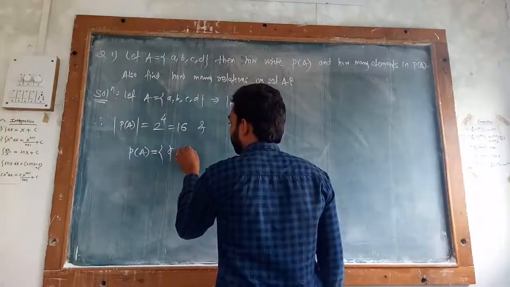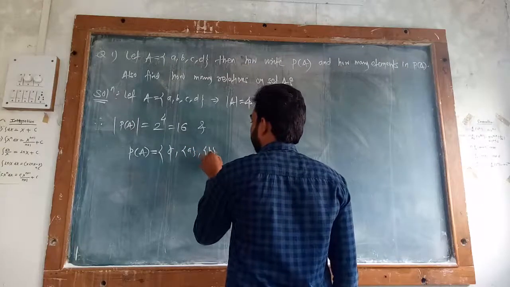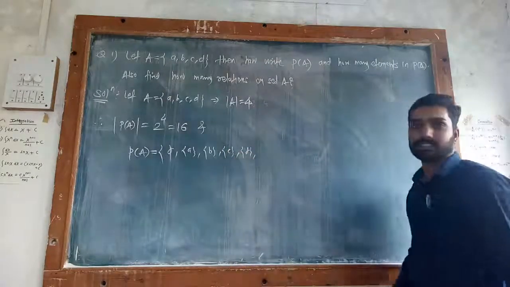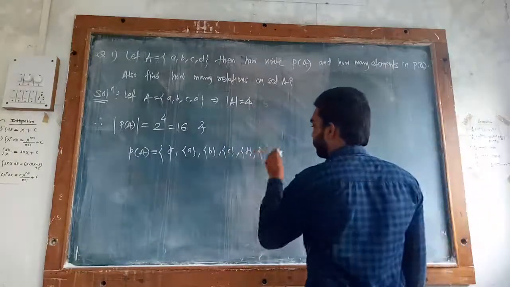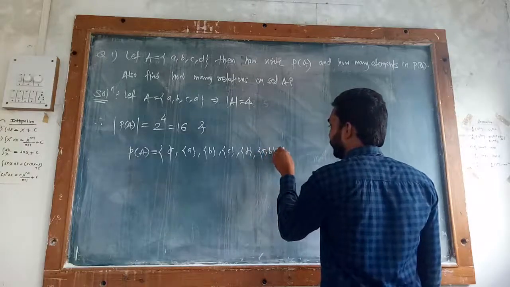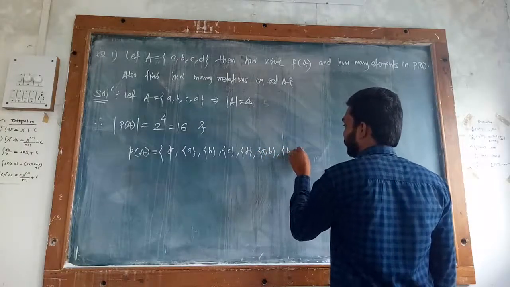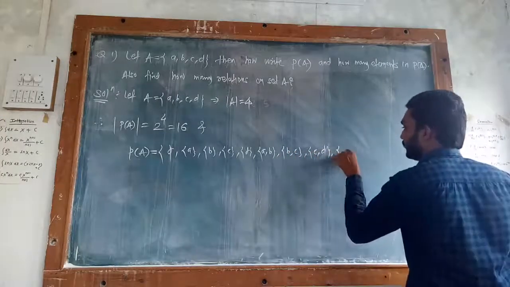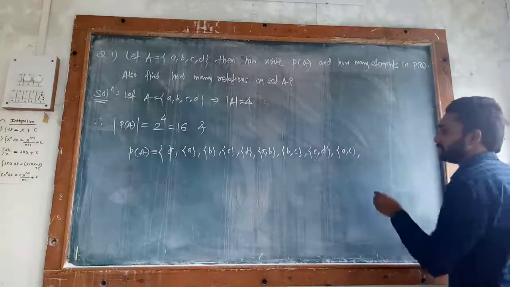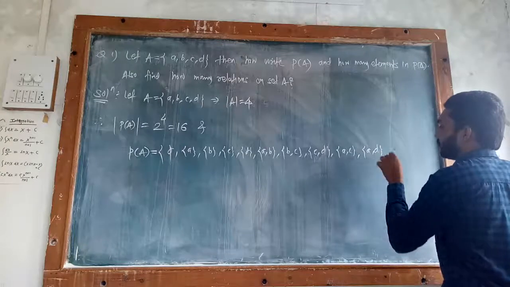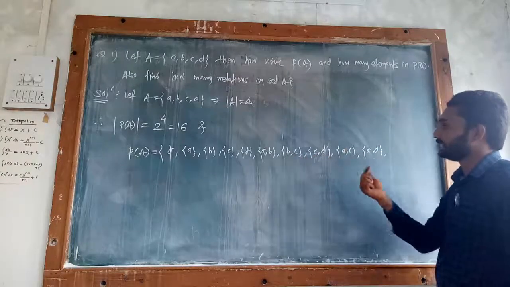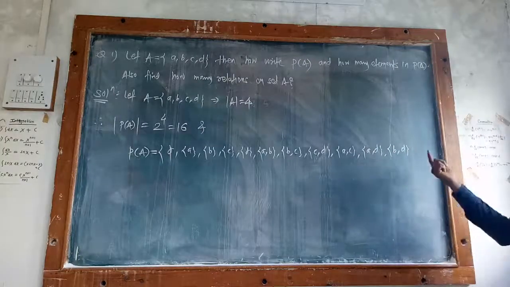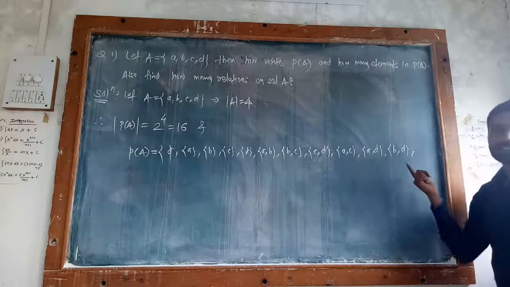Next are the singletons: {a}, {b}, {c}, and last {d}. Next are the sets containing 2 elements: {a,b}, {b,c}, {c,d}, {a,c}, {a,d}, {b,d}. This is for sets containing 2 elements.